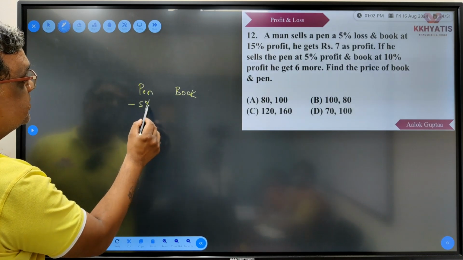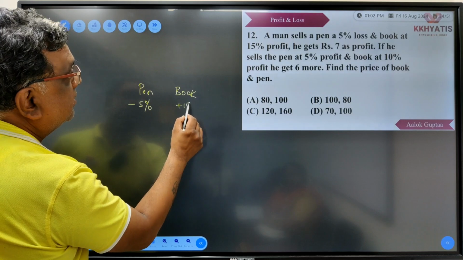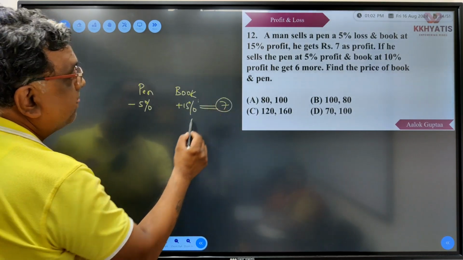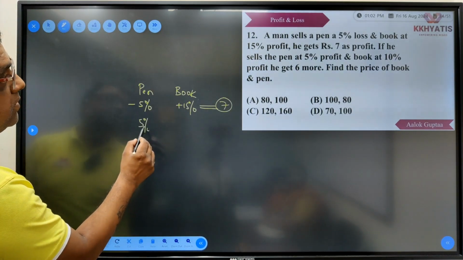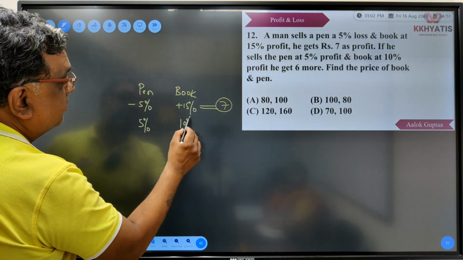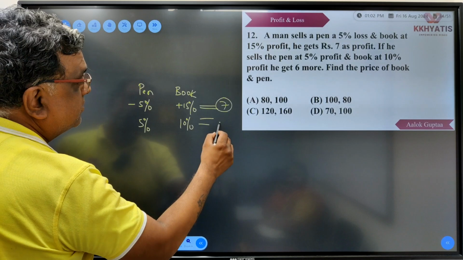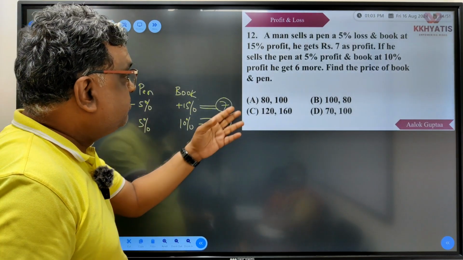First, he's selling the pen at 5% loss and the book at 15% profit. So he's overall earning a profit of 7 rupees. And in the second scenario, when he's selling the pen at 5% profit and the book at 10% profit, he's getting 6 more. 6 more means 6 more on 7. So he's getting 13. So I want to find the price of the book and pen.